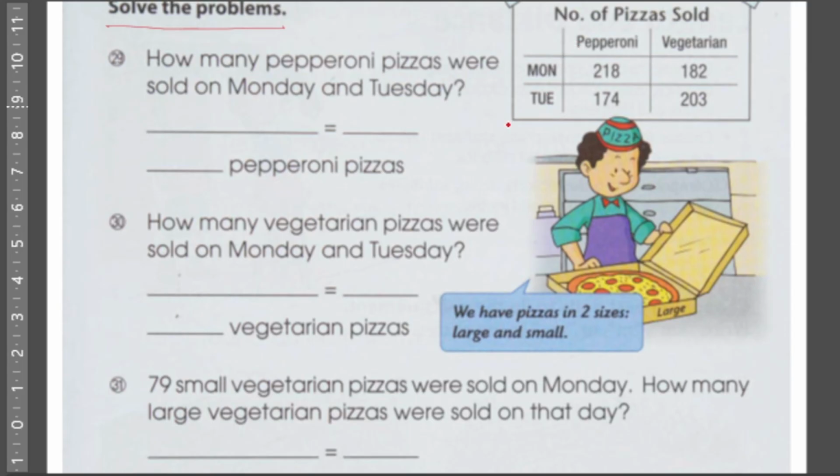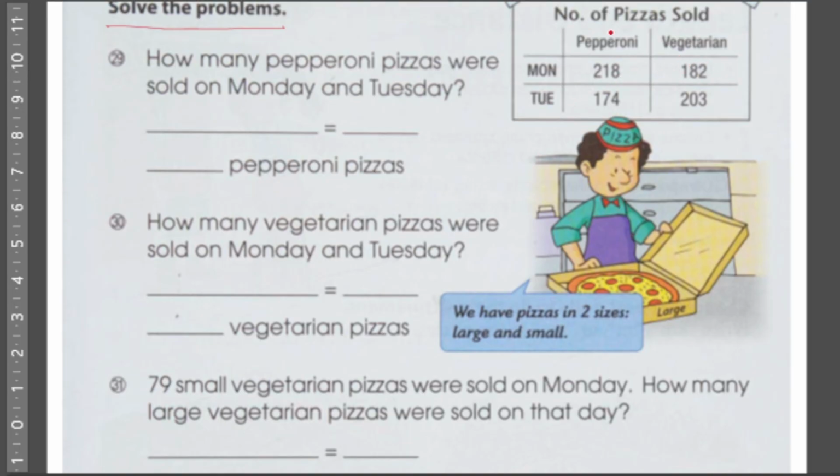In this case, they have given this table which mentions number of pizzas sold on Monday and Tuesday, and there are two types of pizzas: pepperoni pizza and vegetarian pizza. So on Monday, pepperoni pizzas were sold 218 and vegetarian pizzas were sold 182.